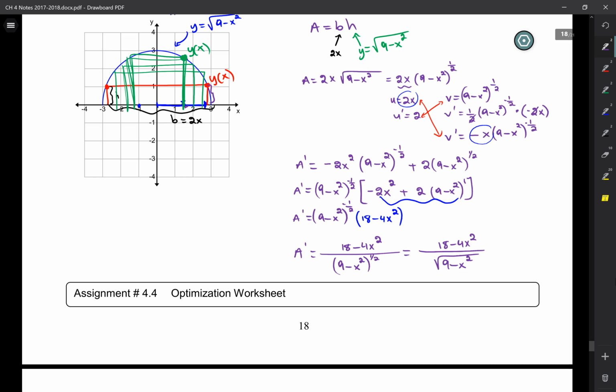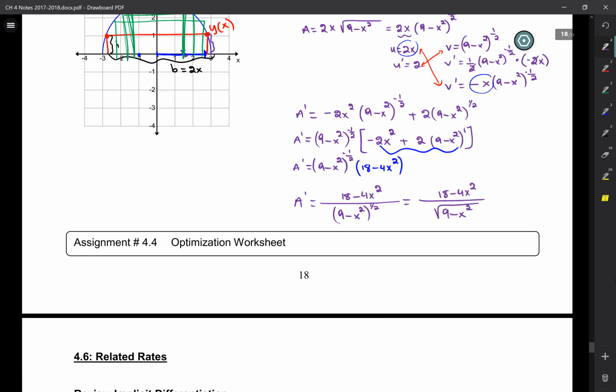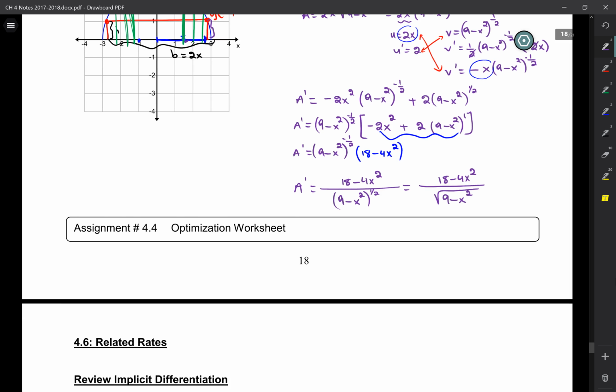Now I need the critical points. The critical points are the points where A prime equals 0 or A prime is undefined.